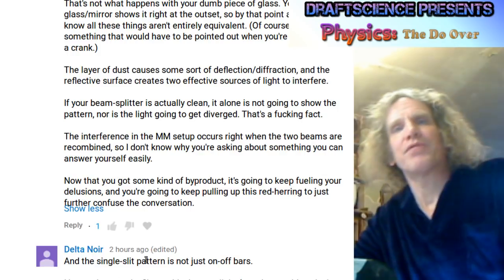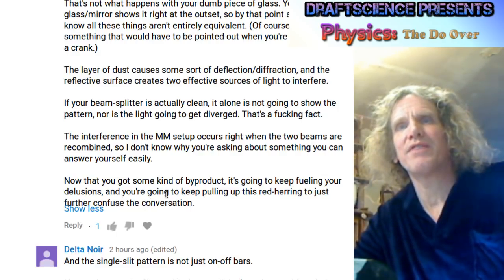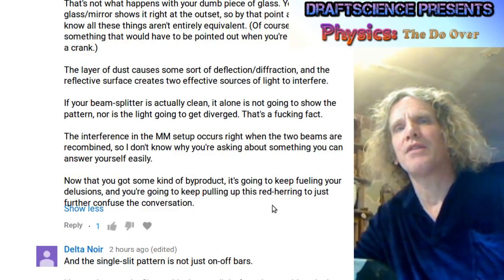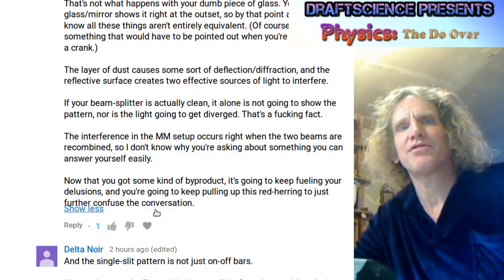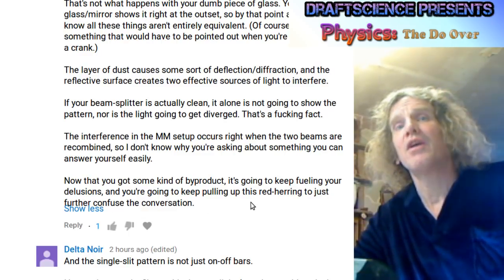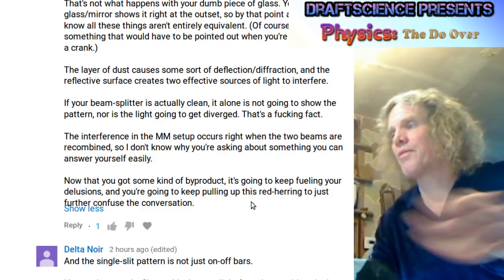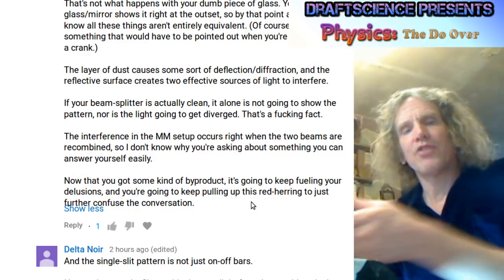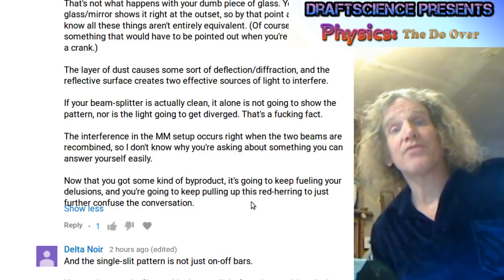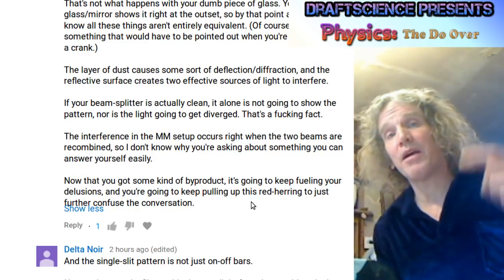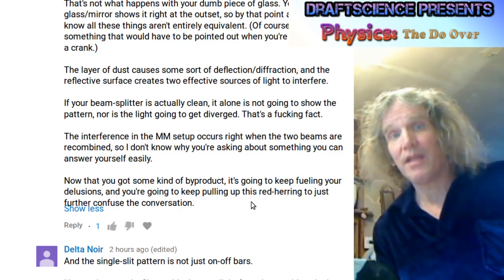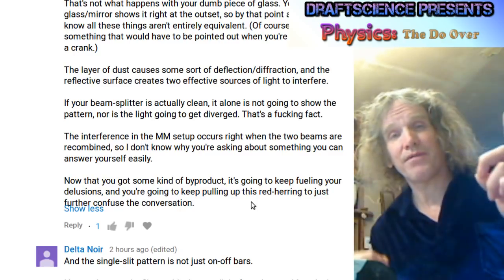You know, and he's going to preach about who's fueling delusions. And you're going to keep pulling up this red herring just to further confuse the conversation. No, further provide evidence that your theory, that your Michelson interferometer could measure ether drag, is completely broken, because it's based on a wrong assumption that the two paths are going to travel a different distance.